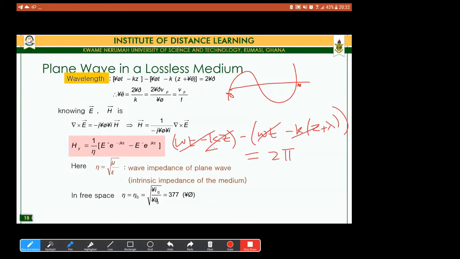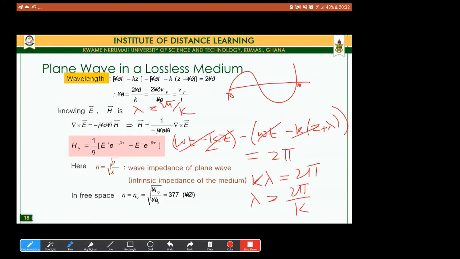So then you have k lambda equal to 2 pi, or lambda equals 2 pi divided by k.